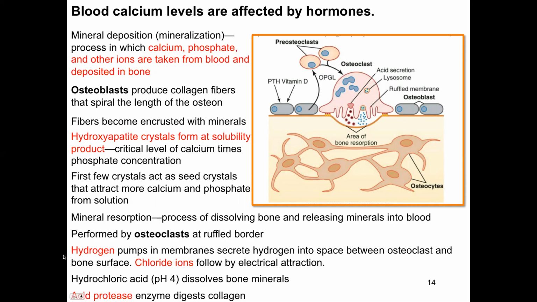Hydrogen is going to mix with chloride ions, and hydrogen chloride makes hydrochloric acid, so they make an acidic zone here. That acid is going to help dissolve the bone and release those minerals, along with an enzyme, a protease, that's going to digest the collagen under the ruffled border of these osteoclasts.